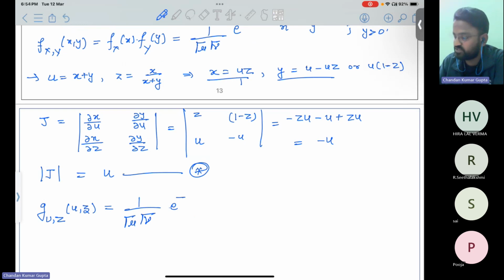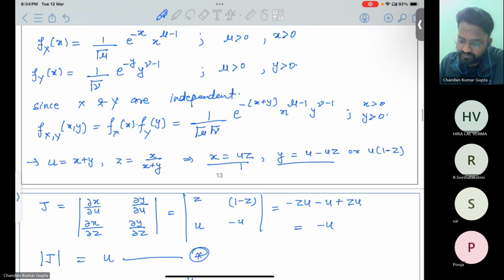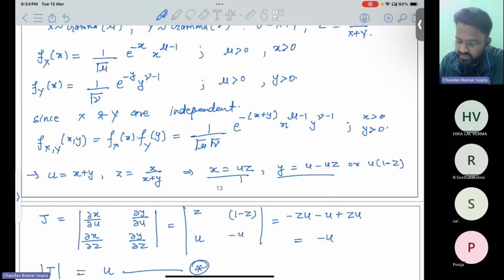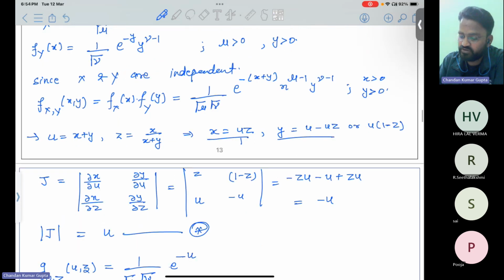X plus y is actually u, so we can directly write it as e to the power minus u. Then x to the power mu minus 1 and y to the power nu minus 1.